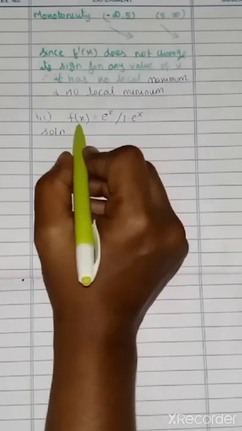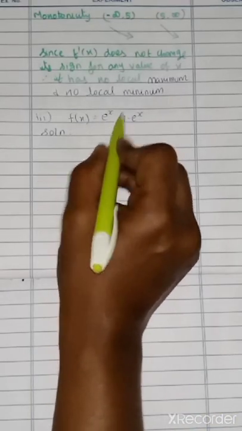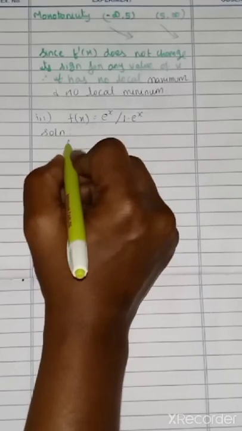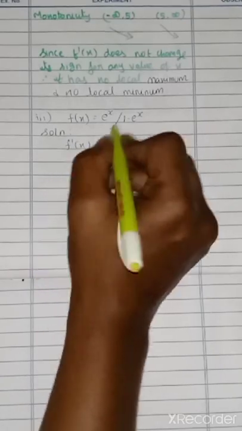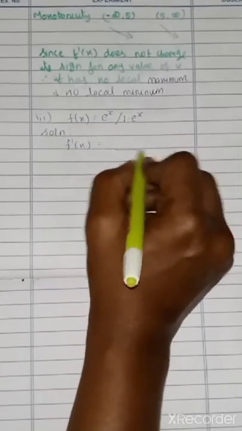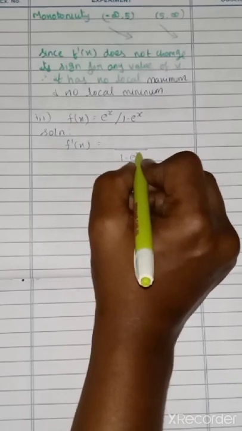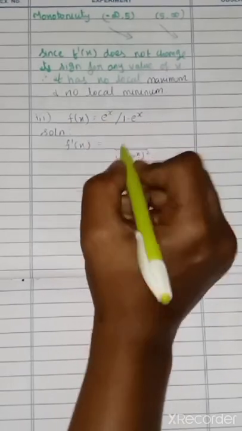Now the third subdivision, f of x equal to e power x by (1 minus e power x). So first what we have to find out? f dash of x. So this is the uv method. So the denominator is (1 minus e power x) the whole square.